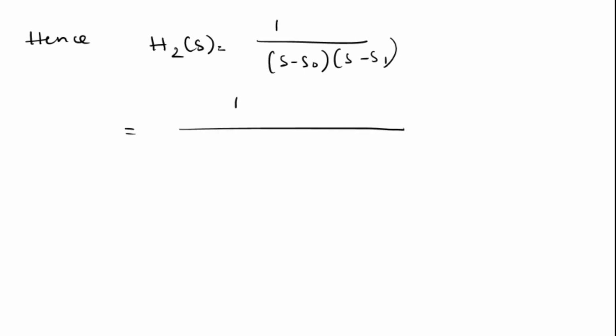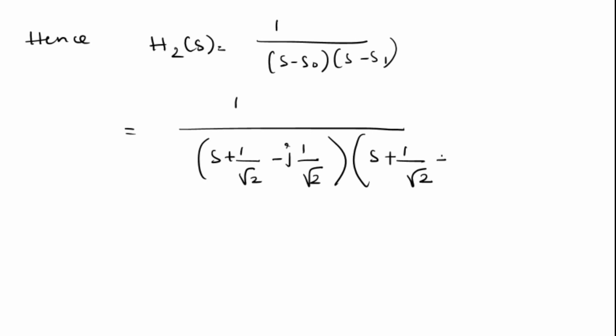Hence H2 of s is equal to 1 divided by (s minus s0) into (s minus s1), which is equal to 1 divided by (s plus 1 by root 2 minus j 1 divided by root 2) into (s plus 1 divided by root 2 plus j into 1 divided by root 2), which is equal to 1 divided by s square plus root 2 s plus 1.